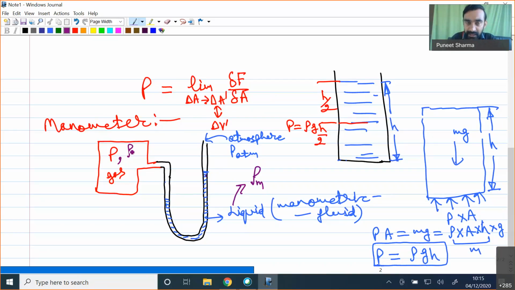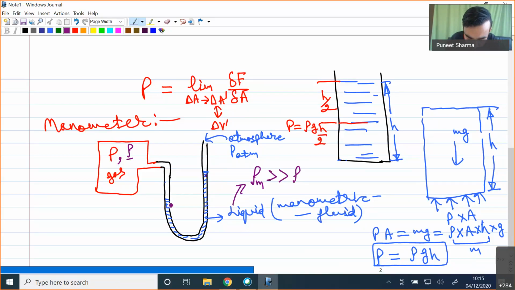Because I have told you that most of the time we have a liquid as the manometric fluid, the density of the gas will be very small in comparison to the density of the liquid. So I can take one assumption here: my density of manometric fluid is very large in comparison to the density of the gas.